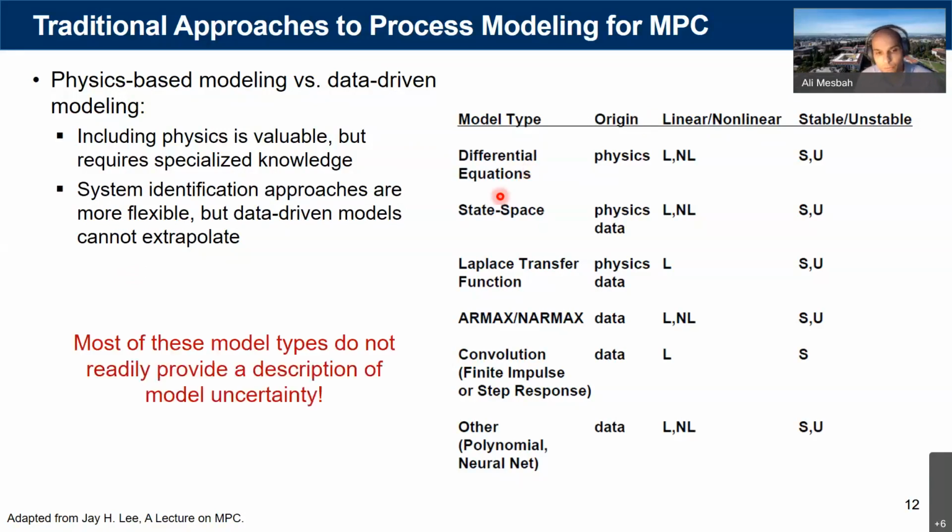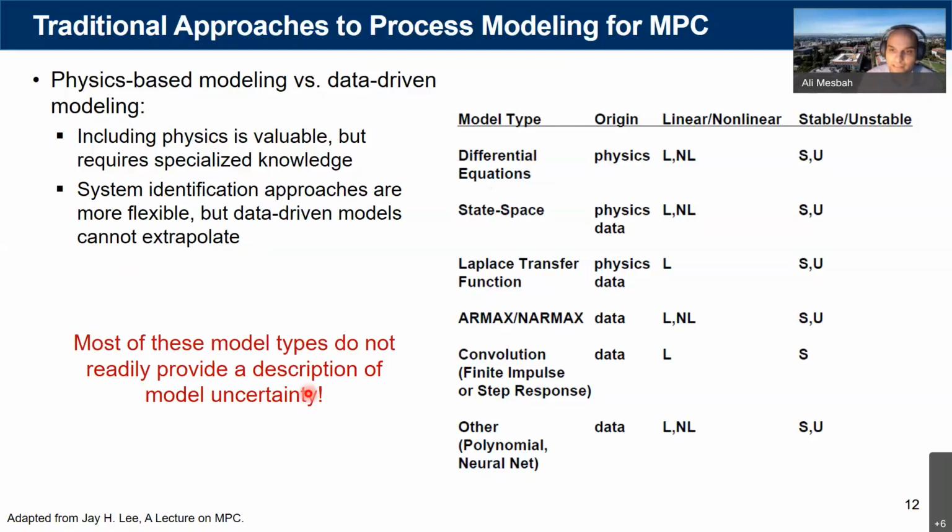But an important observation to make here is that most of these traditional approaches really do not provide a description of model uncertainty. And this is extremely important in the context of safety-critical systems such as autonomous vehicles, biomedical applications, even certain energy and manufacturing systems, where it is extremely important to proactively account for these uncertainties that we have in the environment as well as in our models.